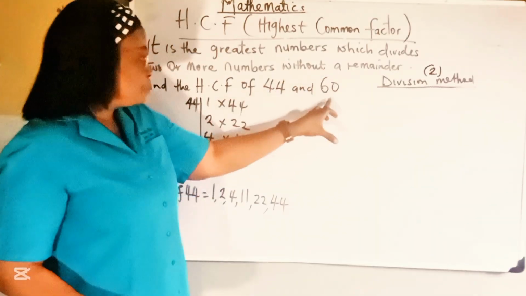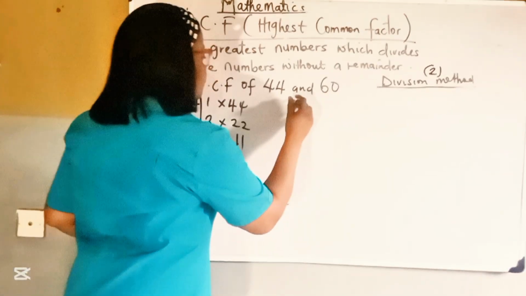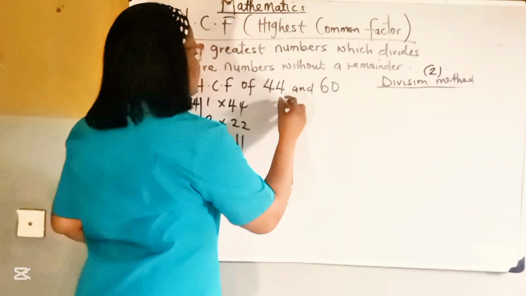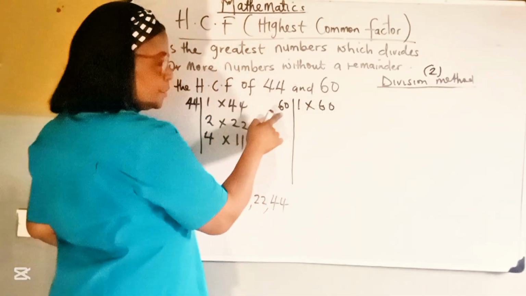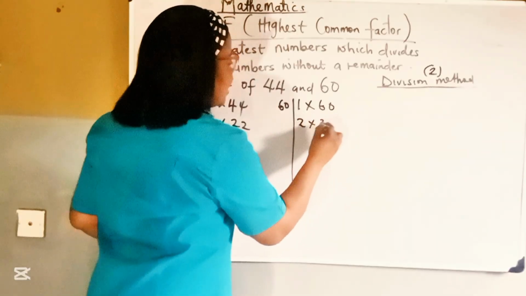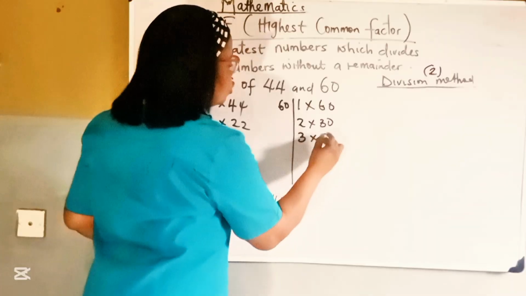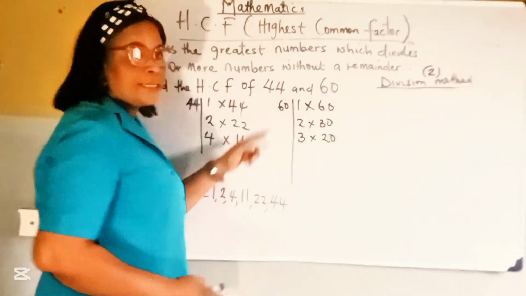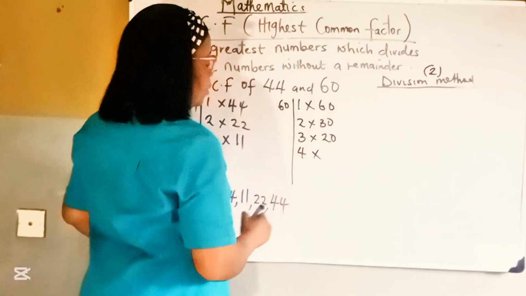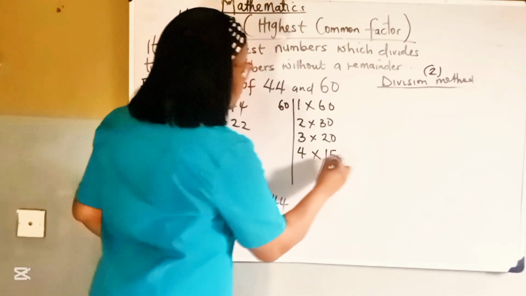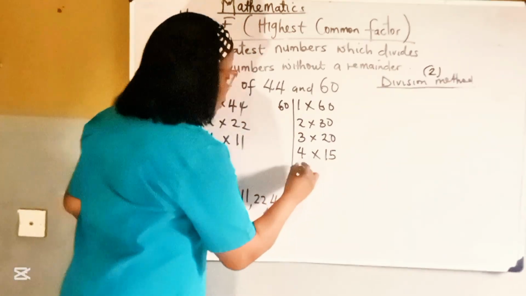So we're going to list all the factors of 60. 1 times 60 gives you the number 60. 2 times 30 gives you the number 60. 3 times 20 gives you the number 60. 4 times 15 gives you the number 60.